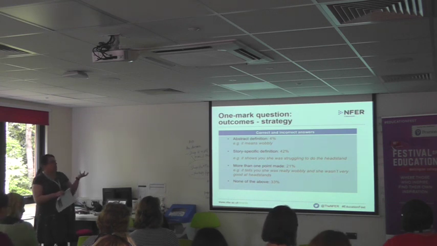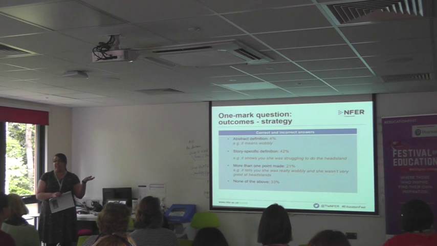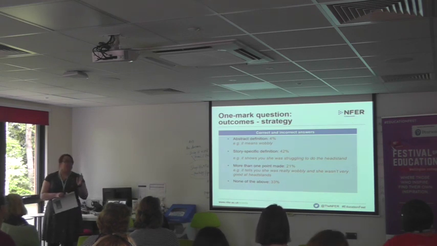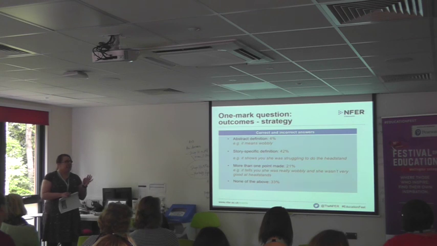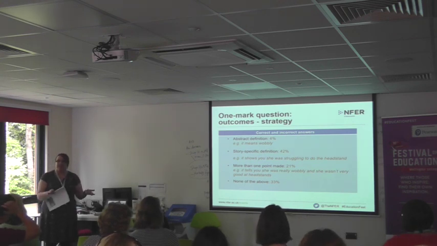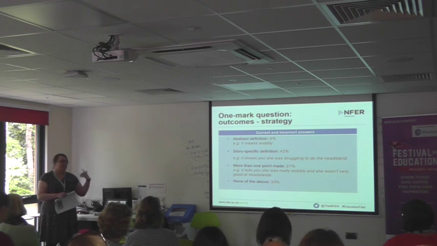For example, it shows you she was struggling to do the headstand, which is correct. And finally, 21% of pupils made more than one correct point. And probably unsurprisingly, this was the higher attaining pupils who did this. And it is something we see fairly commonly when there is more than one answer that's a potential answer to the question, even when, like in this case, we're only asking for one.